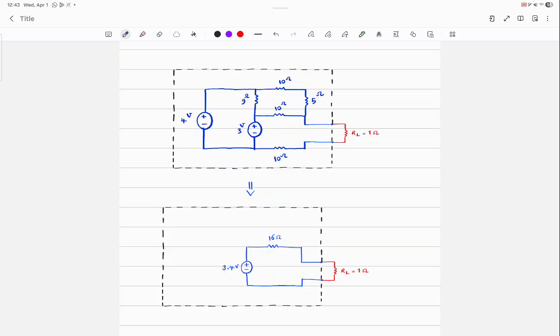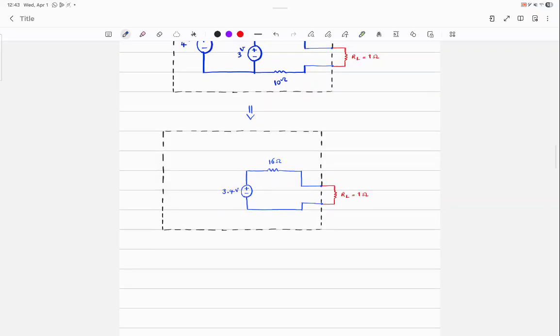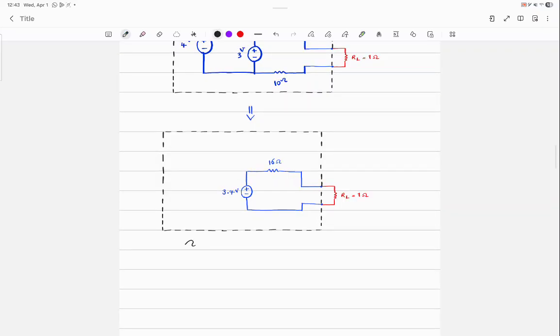We don't know because they are completely equivalent. Okay? That's what equivalency means.